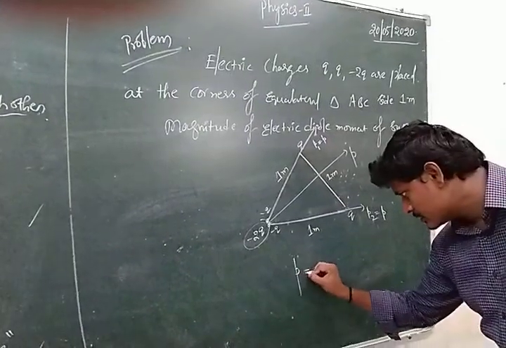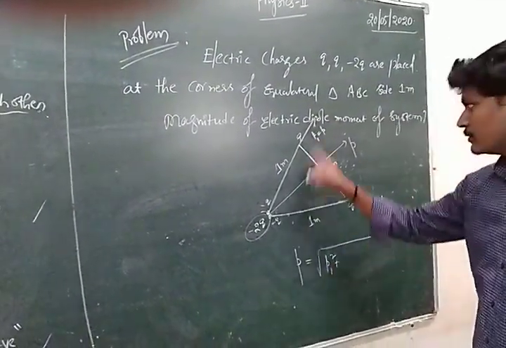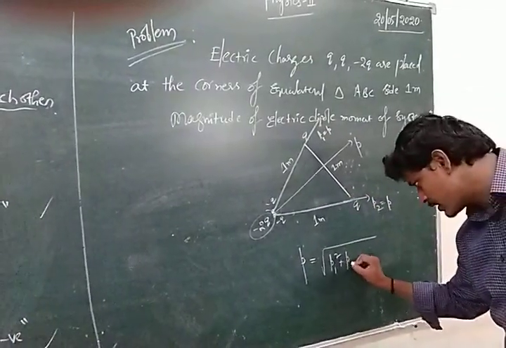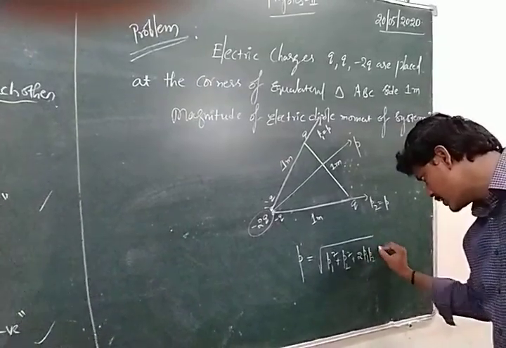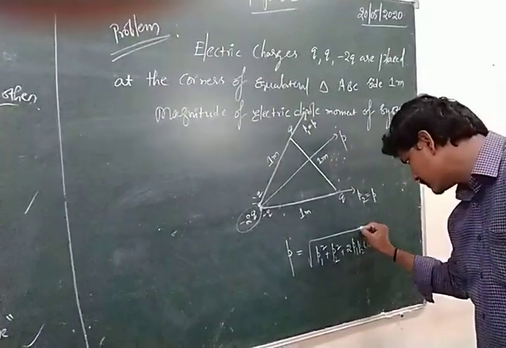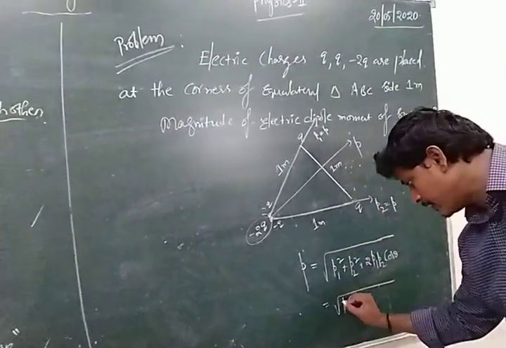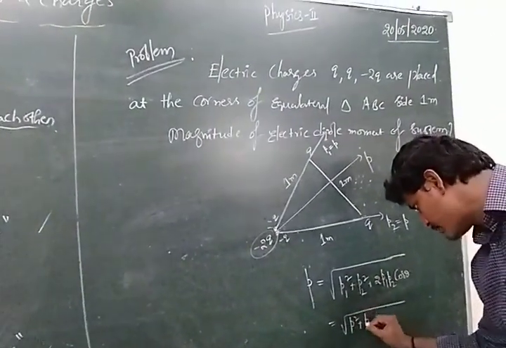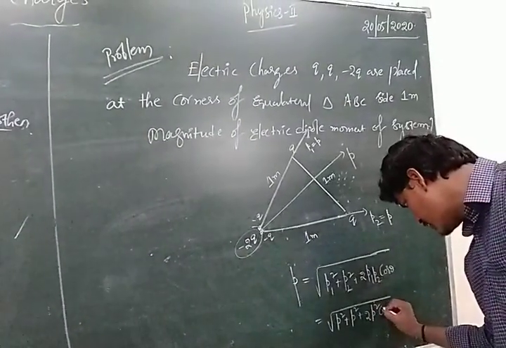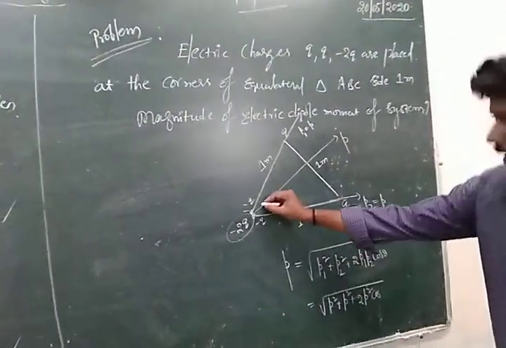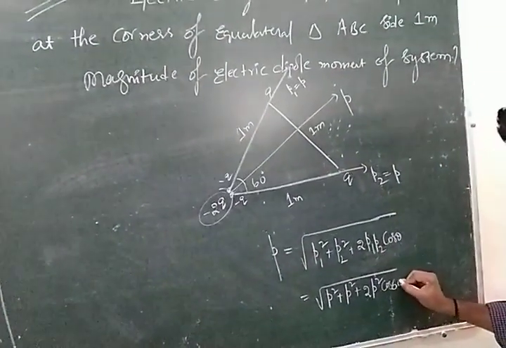Therefore P is equal to the square root of P1 square plus P2 square plus 2 P1 P2 cos theta, according to the parallelogram law of vector addition. Therefore P is the square root of P square plus P square plus 2 into P square into cos theta. The angle between these two dipole moments is 60 degrees.